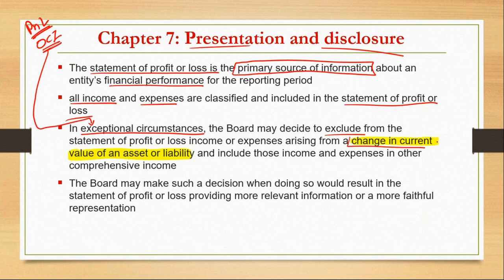So this means that any asset carried at historical cost cannot be taken to OCI. Only the assets or the liabilities which are measured at the current value, which means the present value or the realizable value or the expected value or the value in use, these are the values which should be taken to the OCI. Similarly, anything which is being paid from the bank is not a change in the value of the asset or the liability, so that can also not be taken to the OCI.